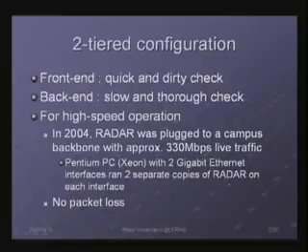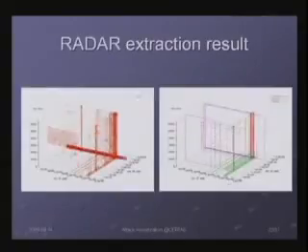It was reported from the PCAP library that there was no packet loss in the kernel, and we had no trouble processing the packets from this 330 megabits per second live traffic. And the software was quite lousy back then. It was not optimized at all. It had a lot of junk in it, but it still ran without any problem at this speed.